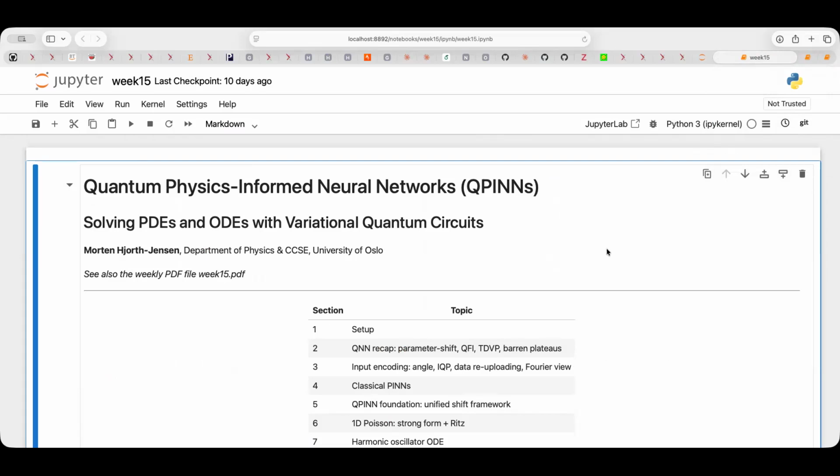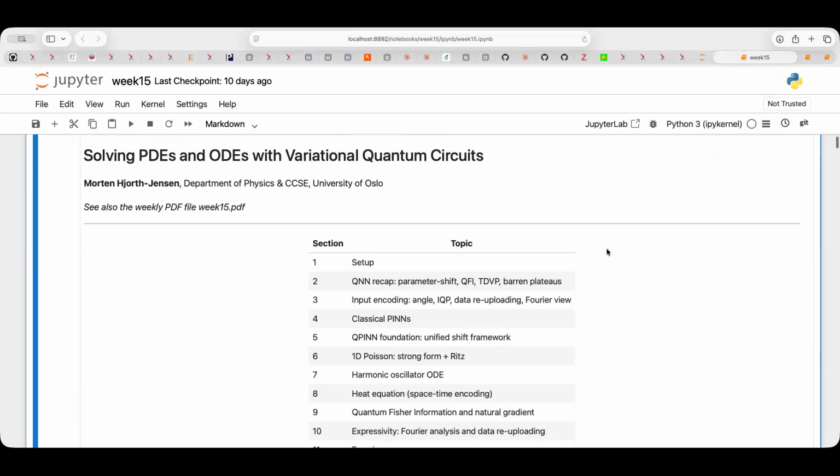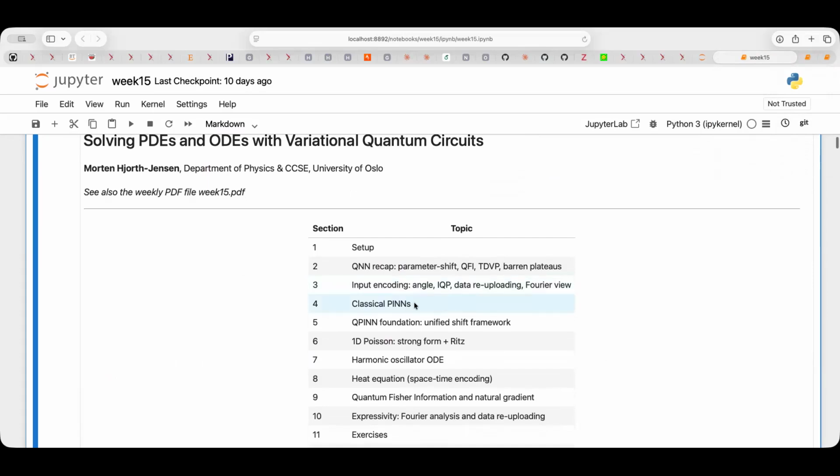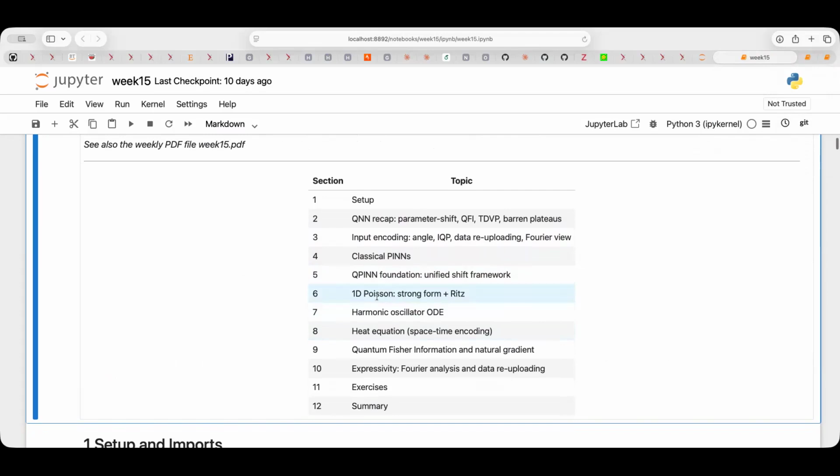So in this specific case, we have been looking at both classical PINNs and also quantum PINNs. And in this specific case, we started with the Poisson equation, because this is something which we also discussed in connection with the HHL algorithm.